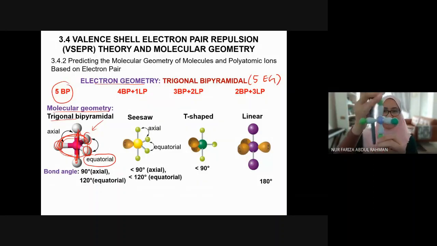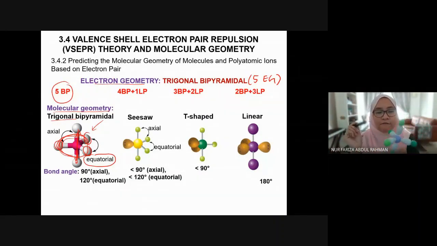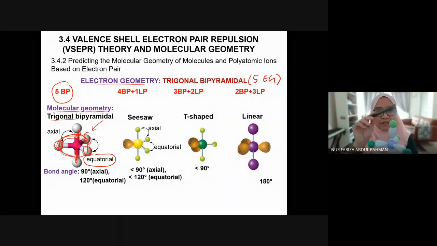Okay? So you have the straight line and you have the equatorial position. Okay, so now in terms of bond angle, you have to mention it in terms of the axial and the equatorial position. Okay, all right. So this is how your trigonal bipyramidal looks. So the angle between the axial, guys, this is a straight line, right?